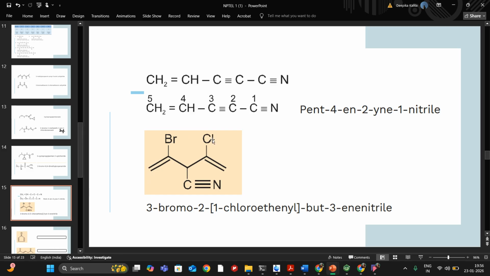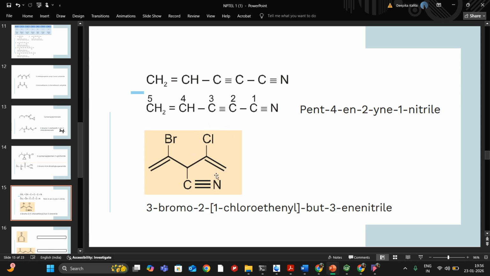Okay, hence the name will get 3-bromo, and in the second position we have this chloro-substituted alkylidene as the substituent.